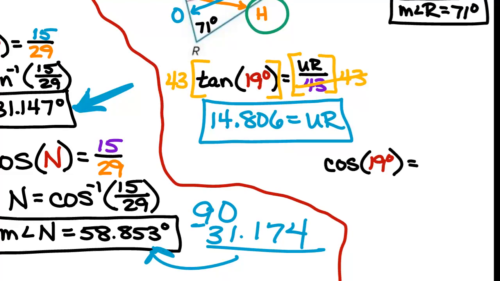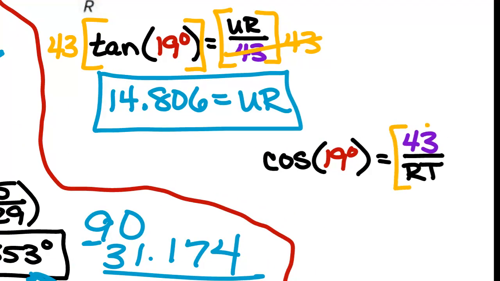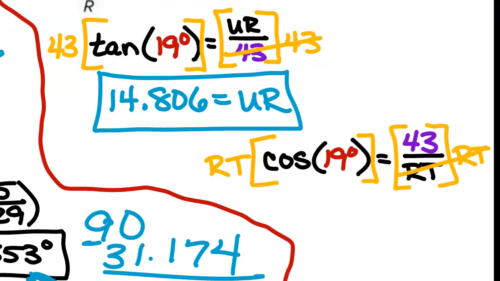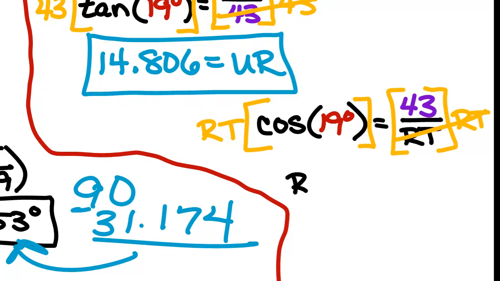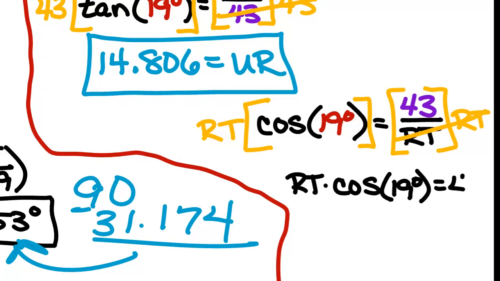Is equal to adjacent, which is 43, over the hypotenuse, which is RT. We have to multiply by the thing that we don't know, which is side RT. That's my denominator. That's why we're multiplying by RT, because it's on the bottom. So I have RT times the cosine of 19 degrees equals 43.